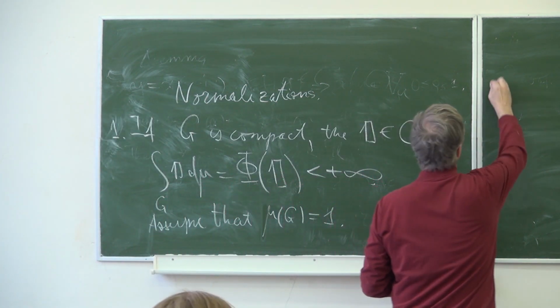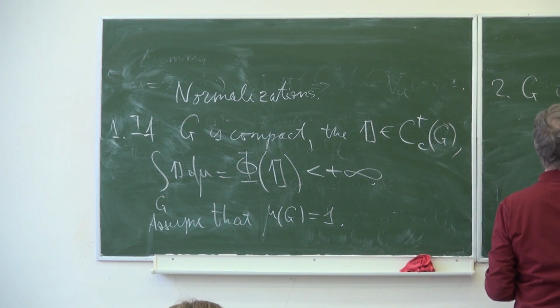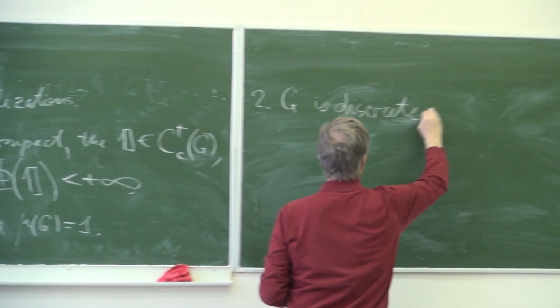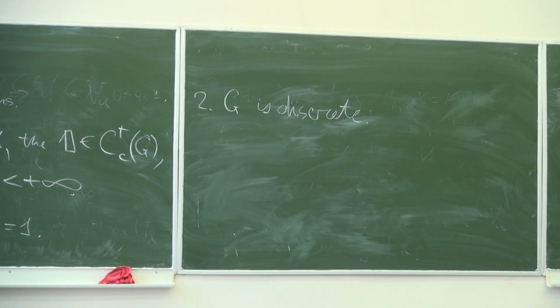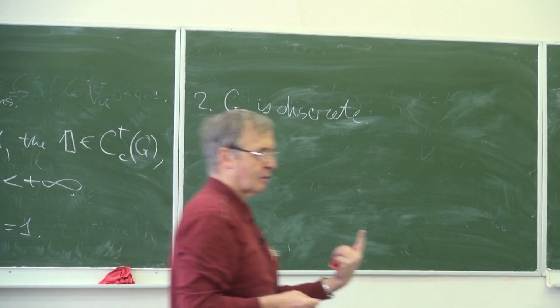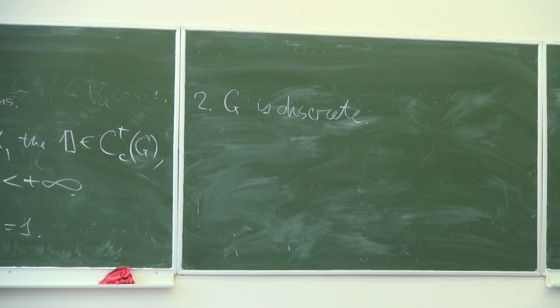And the second standard case is when G is discrete. The measure of every point is positive because every characteristic function of a singleton is continuous and non-zero. So the measure of each point is positive and the measures of all points are equal. So if this group is infinite, then this measure is infinite.